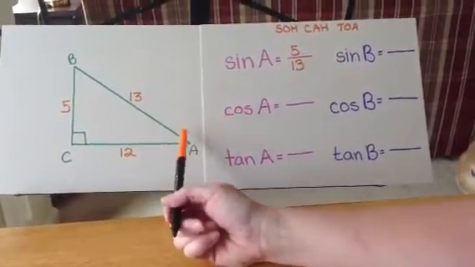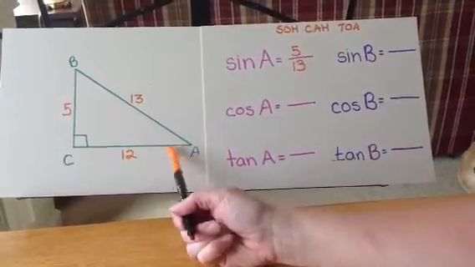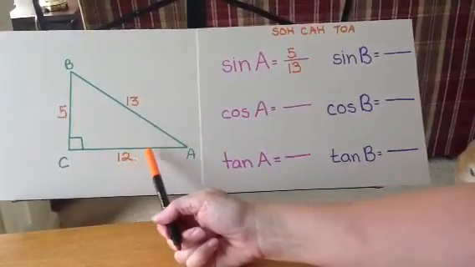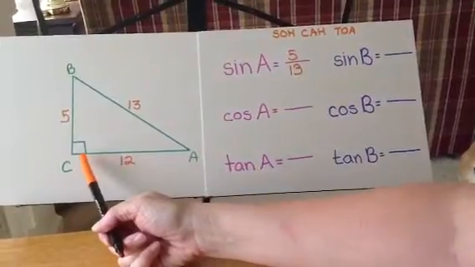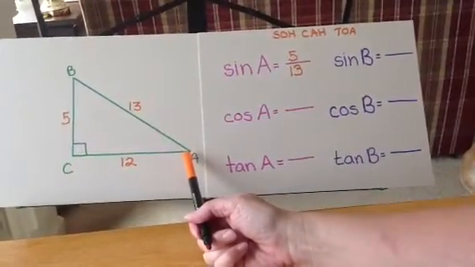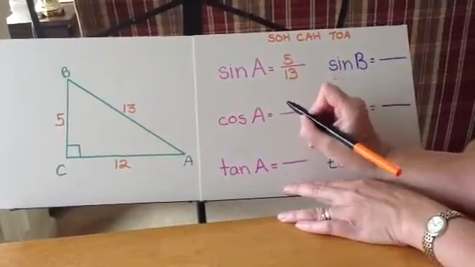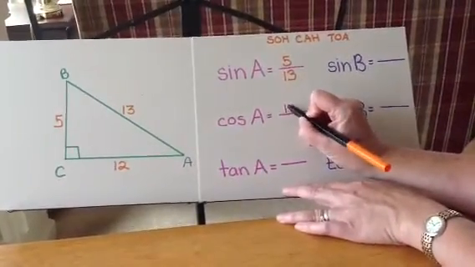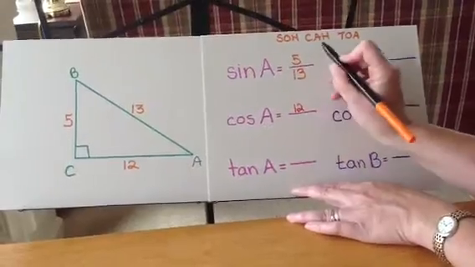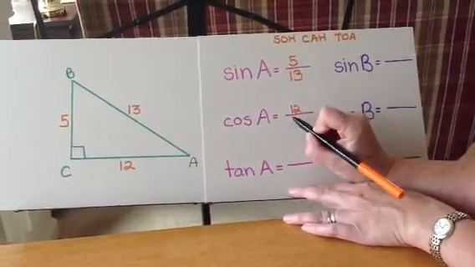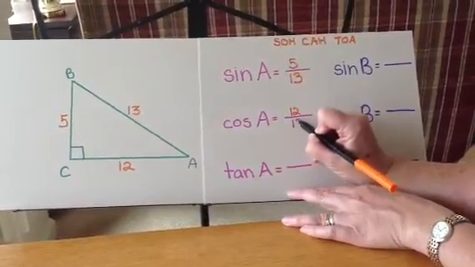Okay, so the cosine of A is the adjacent side. Remember, adjacent means the side that helps to make up angle A over the hypotenuse. So the cosine of A is adjacent over hypotenuse, 12 over 13.